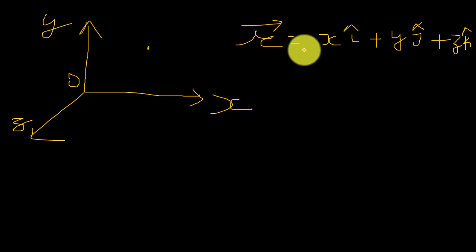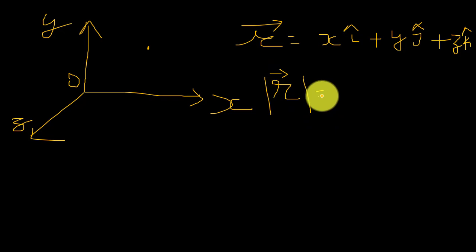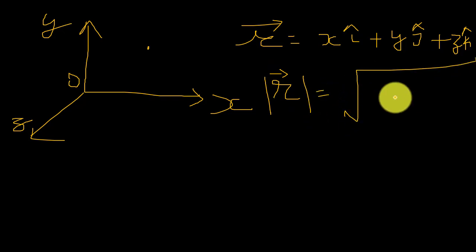And the magnitude of this r vector is the square root of these components, x square plus y square plus z square.